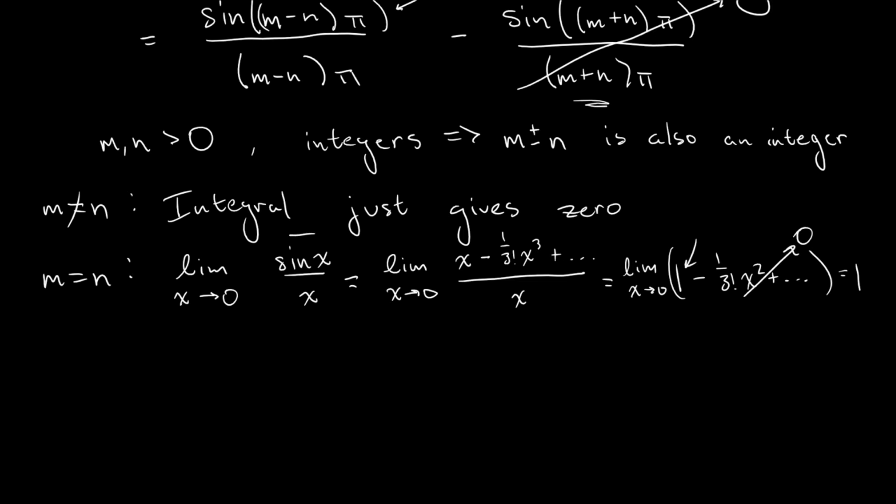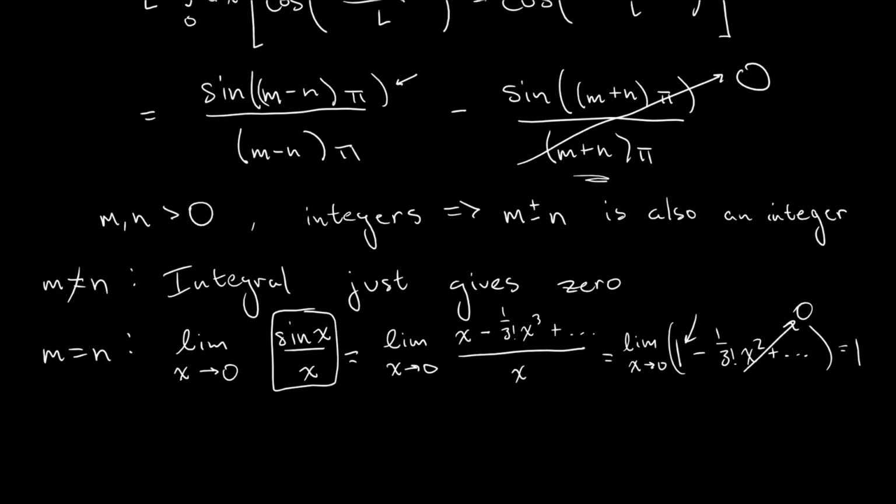But you'll notice this ratio here is exactly this ratio here. And the limit as x goes to 0 is just the same as the limit as m goes to n.